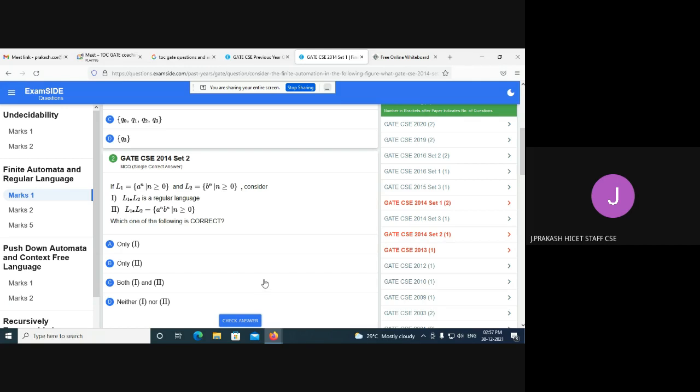Just try. These are identities: union, intersection, concatenation, closure.